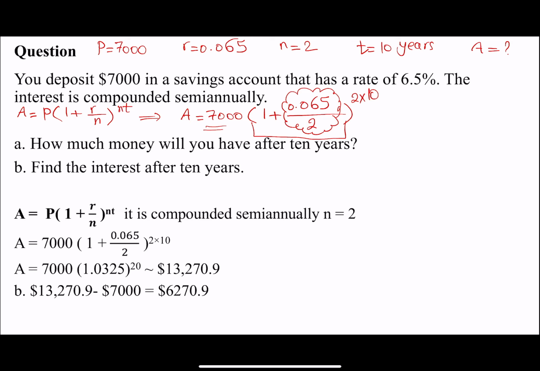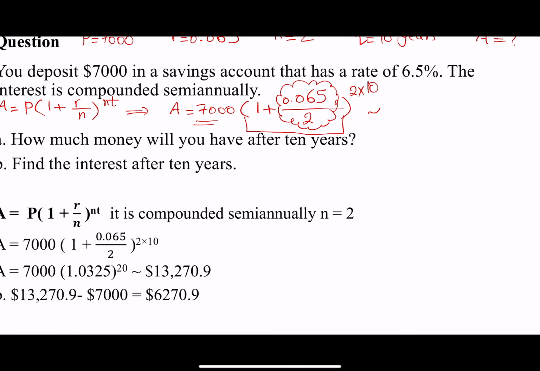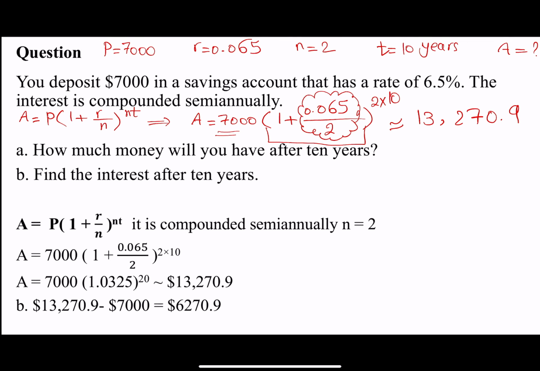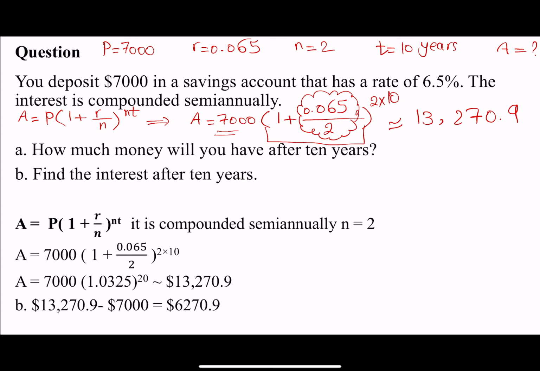So I got around $13,270.9, or you can write down 13,271, approximately. So here is the future value that we have.